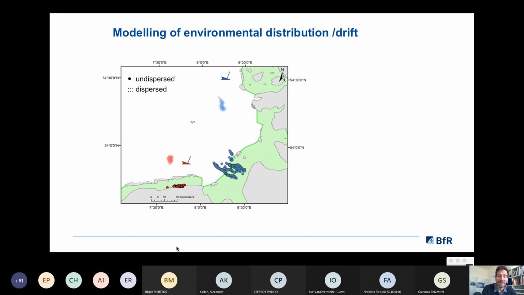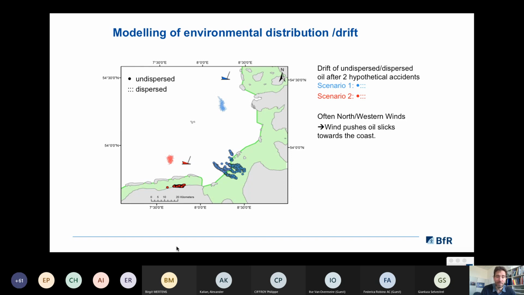Where would the oil end up within 5 days? We have two scenarios, the blue and the red, and the little dots are where the oil would end up in case of dispersion, and the big dots are where it would end up if it stays on the surface.